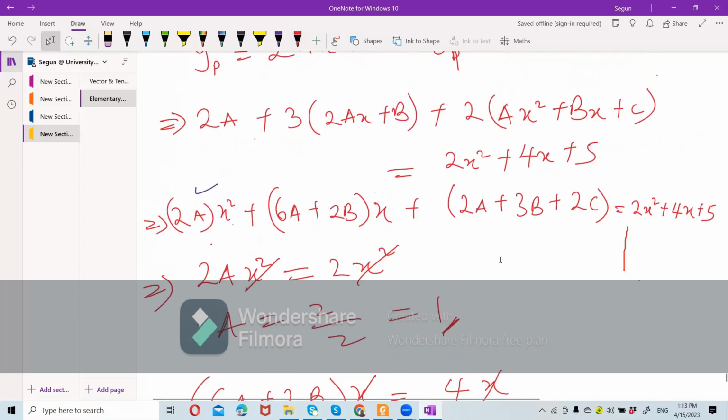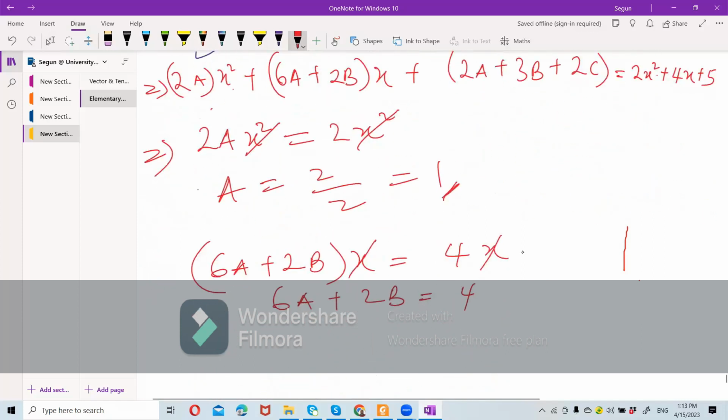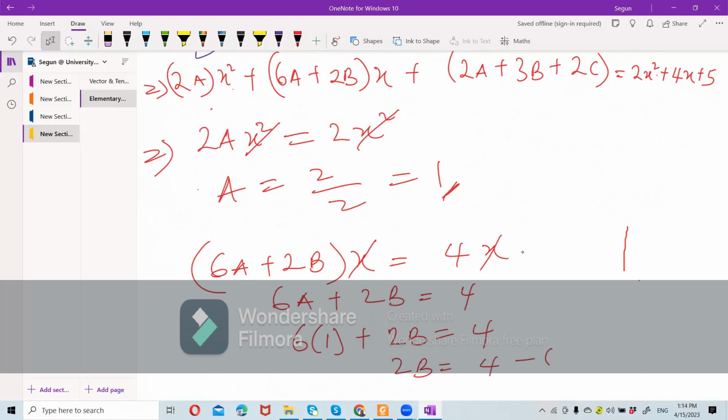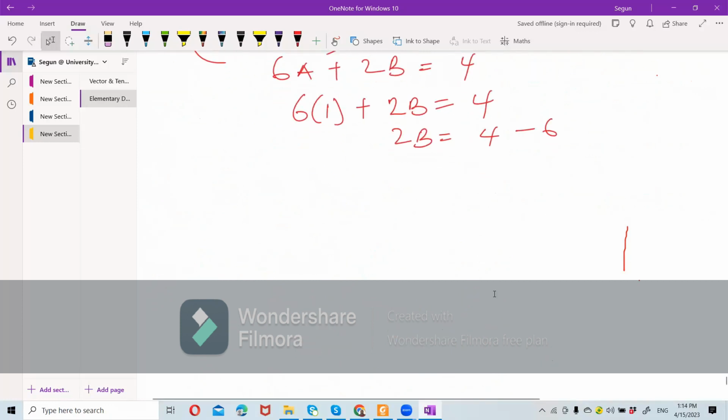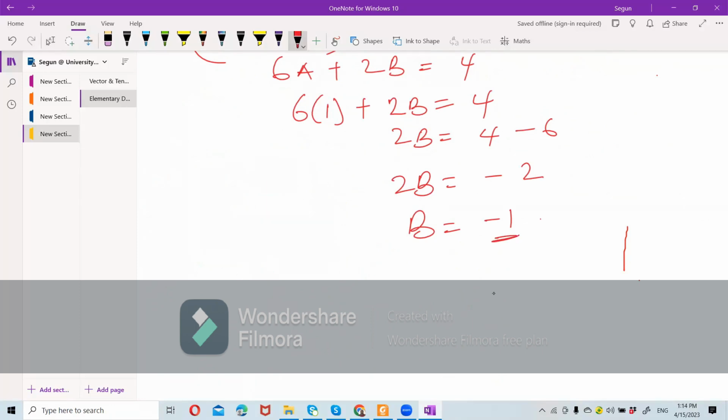We know a equals what? 1. So substitute your 1 here. Plus 2b equals 4. 2b equals 4 minus 6. So we have 2b equals minus what? 2. b equals minus 1. How many of us got this? Okay, I got that, sir.